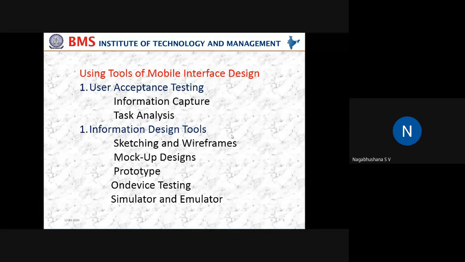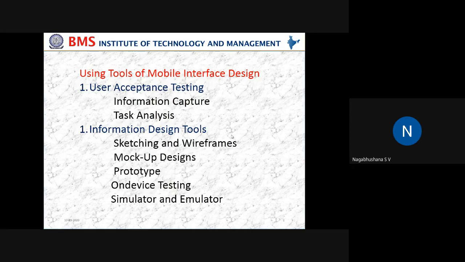So in information design and tools, there are 5 entities. That is sketching and wireframes, mock-up designs, prototype, on-device testing, and usage of these things on simulator and emulator. These are the 5 entities which can be used in designing the information as a tool to be projected on the mobile devices.